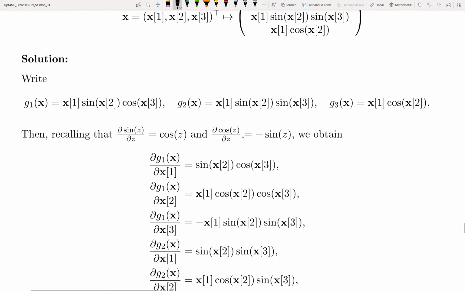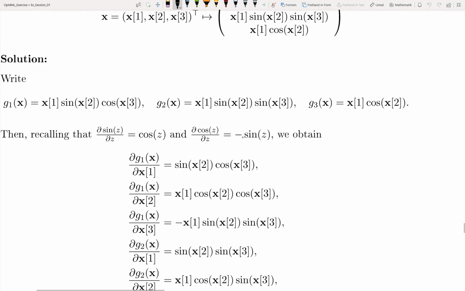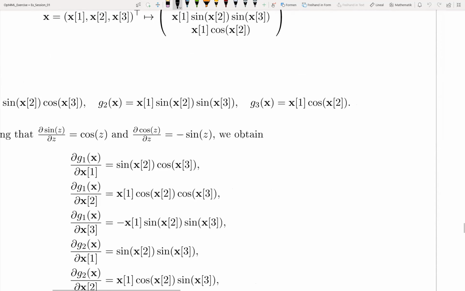So perhaps one last side remark. If you forget how the derivatives of sine and cosine relate to each other, you are all familiar with the fact that cosine at 0 is, sorry, it's 1.